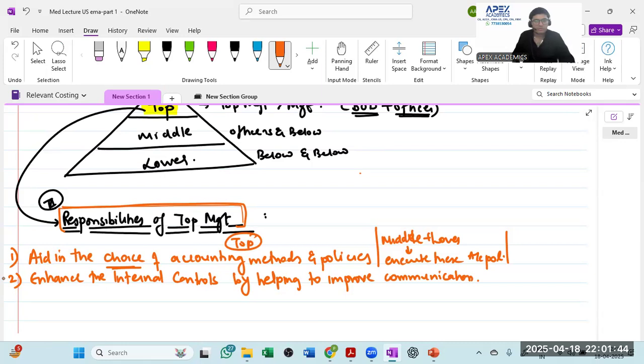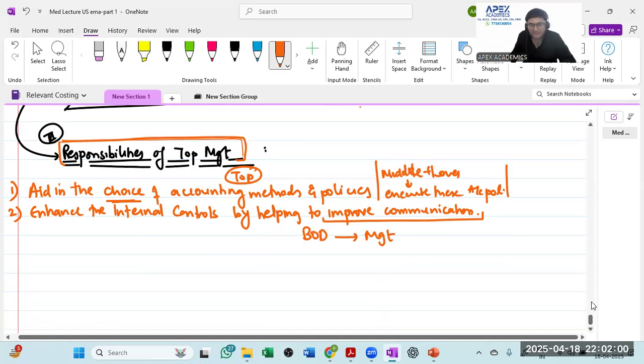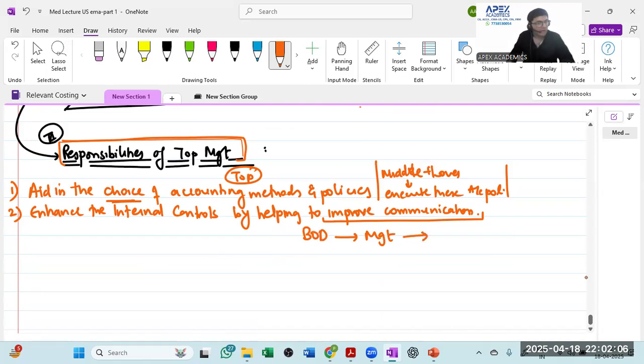By helping to improve communication. Sir, helping to improve communication between whom? Between the board of directors and management. Between whom? The board of directors and the management. Sir, next, they will aid to improve the communication between board of directors, management, and the auditors. And whom? And the auditors.